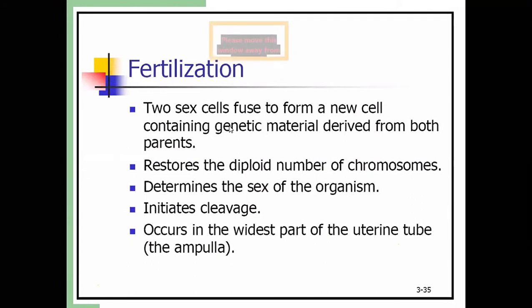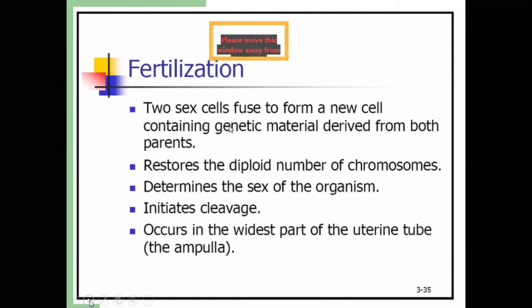Okay. Another effect of fertilization, aside from restoring the diploid number of chromosomes and the determination of the sex of the new organism, is the initiation of the so-called cleavage. Okay? There'll be now doubling of your number of cells. Di ba?